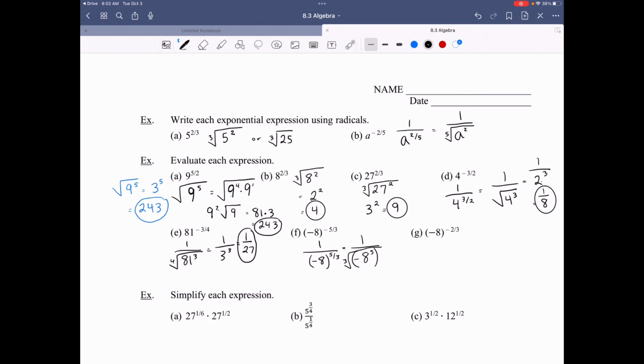The cube root of negative 8 is negative 2. So if I take the cube root of negative 8, I get negative 2, and then I'm going to raise that to the 5th power, which is going to equal -32.